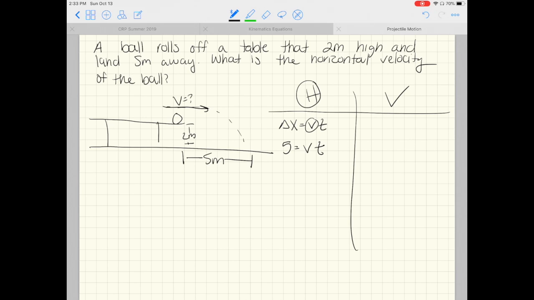Vertically, I know the acceleration is negative 9.81 meters per second squared because gravity is bringing me down. Since my ball was originally moving straight across, the initial velocity is 0 meters per second. And I know my delta y is negative 2 because it falls 2 meters. I'm looking for time.